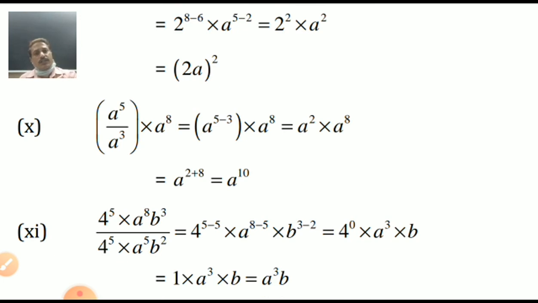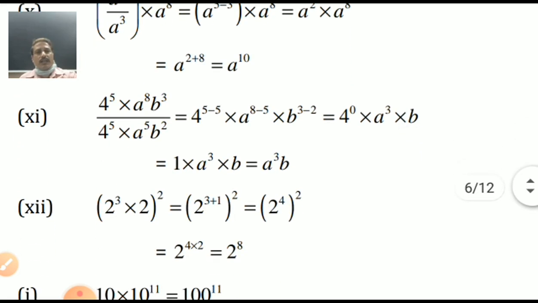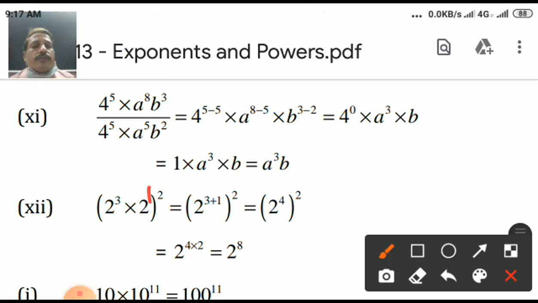Easily correct. When numbers and variables are there, be a little bit careful and try to write perfectly. Yes. 12. 2 raised to 4 into 2. Why 2 raised to 4 into 2? Because in the bracket 2 raised to 3 is multiplied by 2 only. 2 only means there is a 1 exponent.